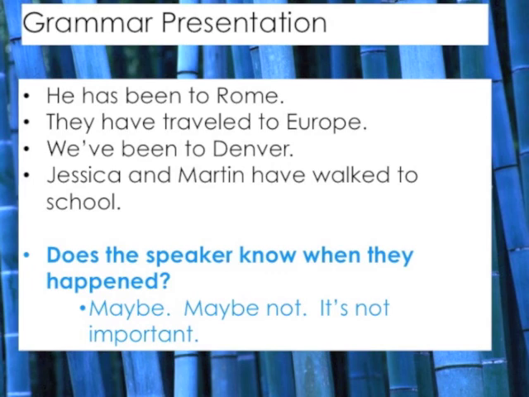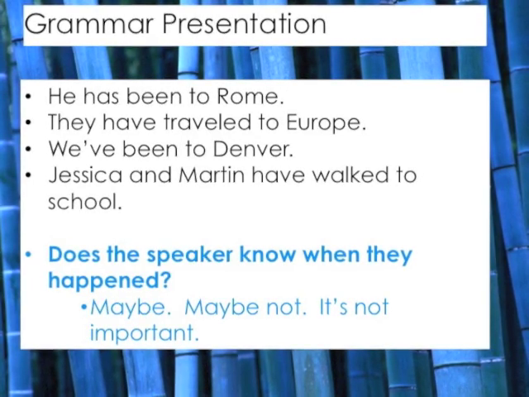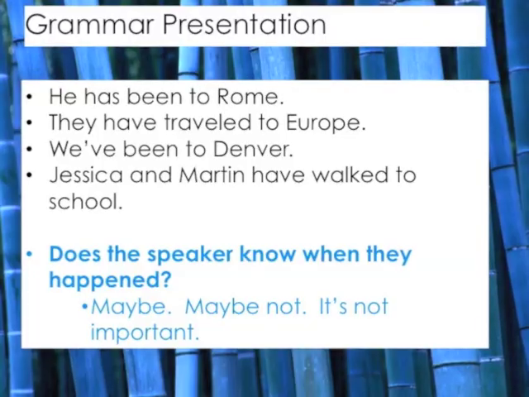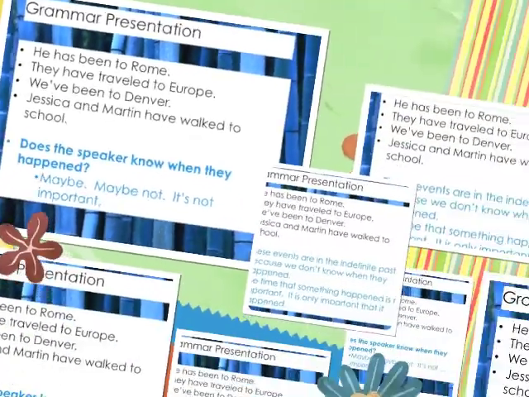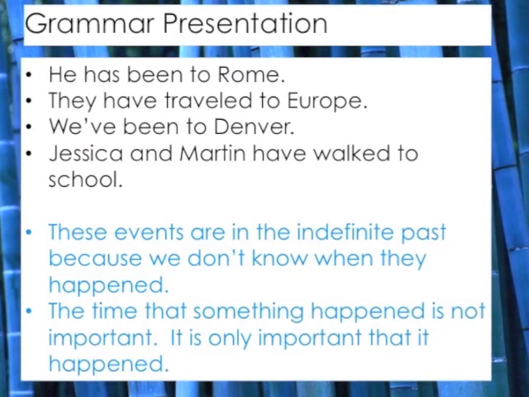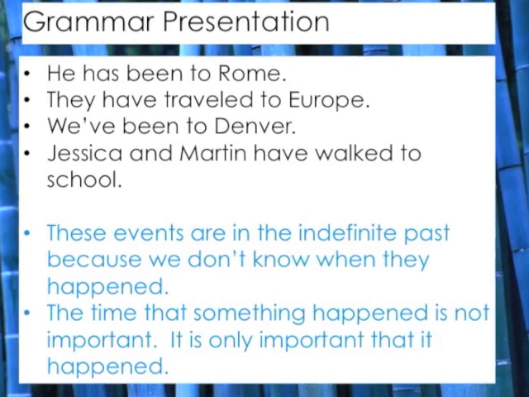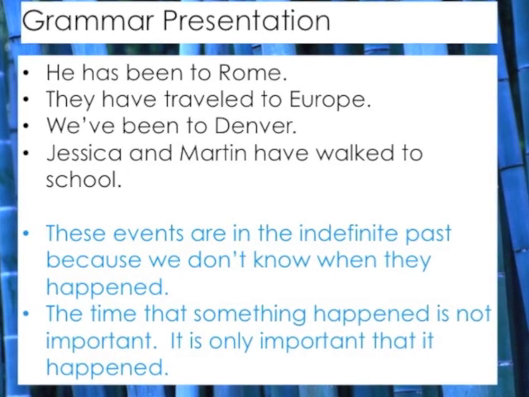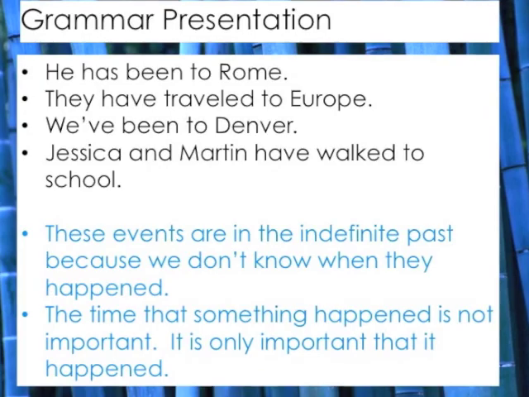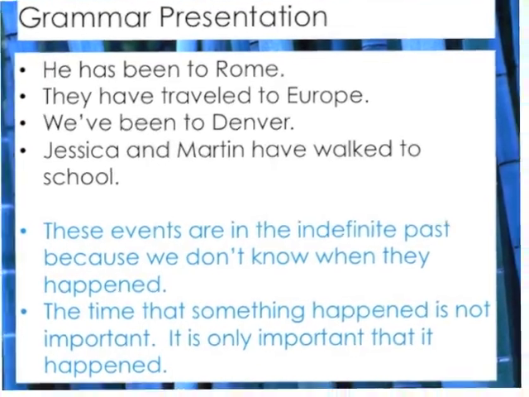The person may know, they may not know, but we do know that the time period is not important because they don't say it. Because these events are in the indefinite past, we don't know when they happened, so that means that it's important that the thing happened, but the time that it happened isn't important.